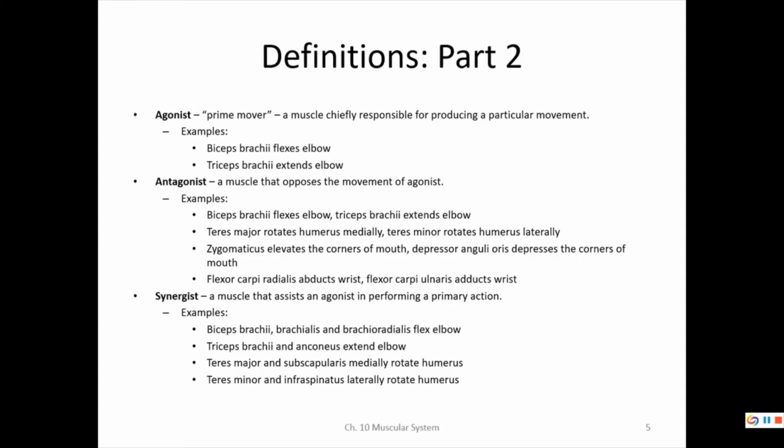Now, antagonist. So it is agonist, it is anti-agonist. It goes against the prime mover. It opposes it. For every agonist, there generally is an antagonist because that's the muscle that undoes it, because muscles only pull, they don't push, okay? I don't know any non-antagonistic pair of muscles, okay?